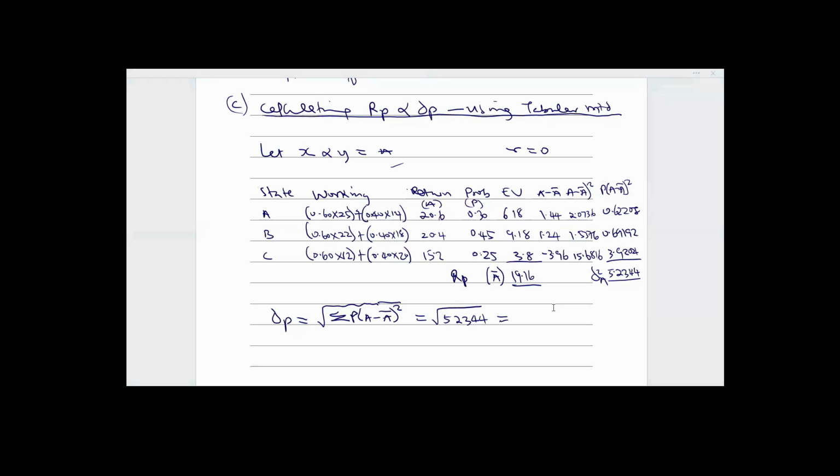That's 2.29. So the risk of the portfolio is 2.29. All right.